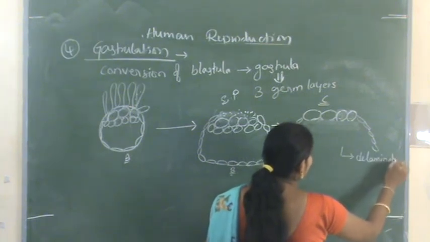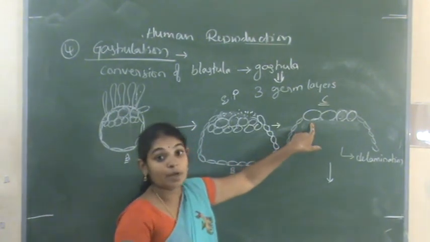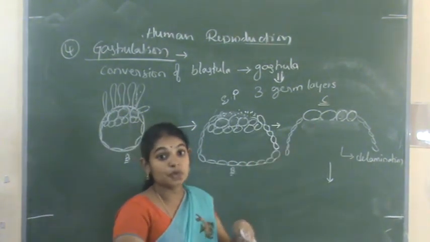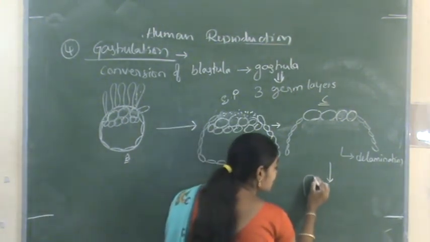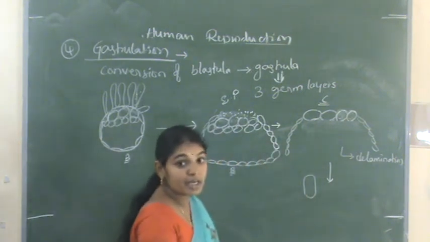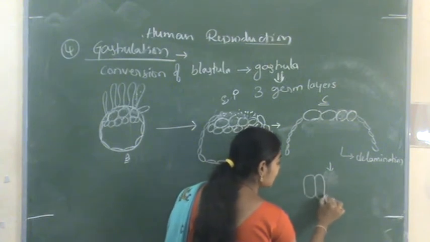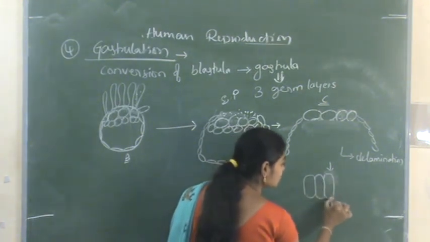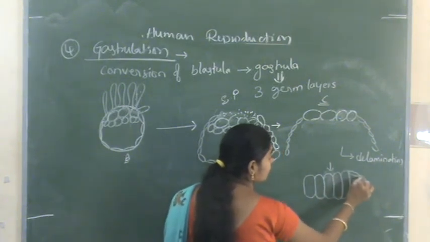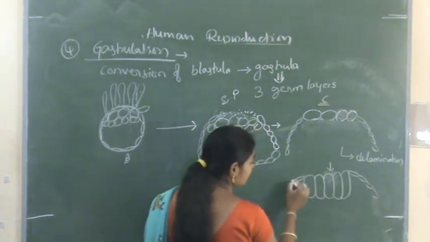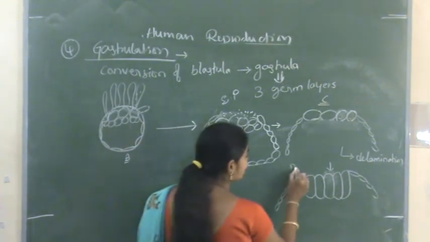Delamination. So in the delamination process, what happens? This embryo proper now divides into two different types of layers. What are those layers? The upper larger columnar cells, and here is the trophoblast layer, as usual, and the lower, so this is the D stage.